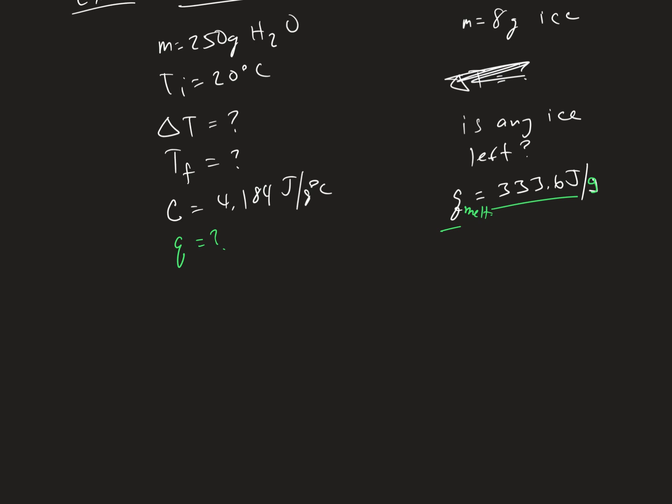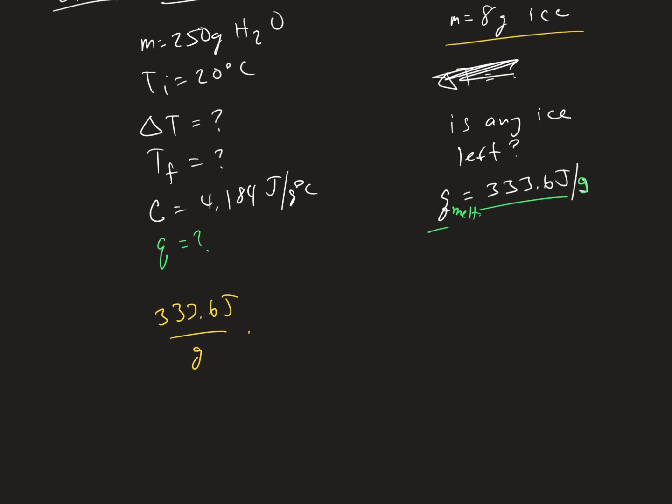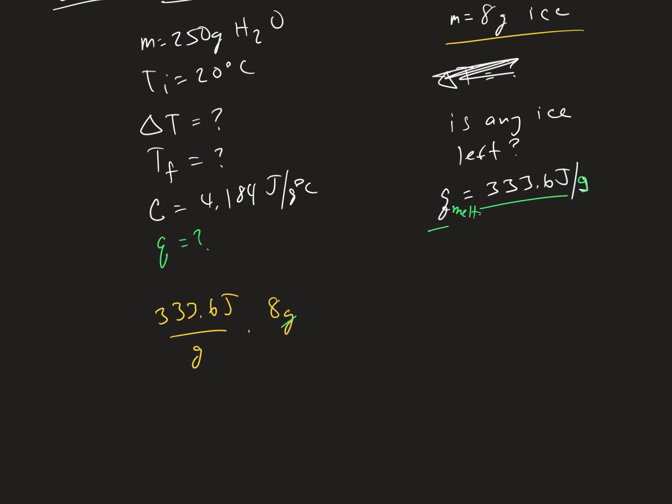If we want to know the heat, what do we do? 333.6 joules per gram, and we are melting 8 grams of ice.